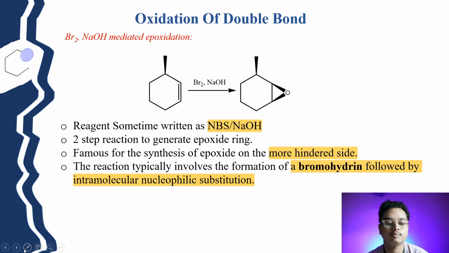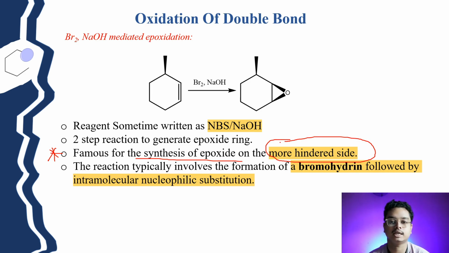The very important thing is that this reaction is famous for the synthesis of epoxide on the more hindered side. As I already discussed in the MCPBA based case, the epoxide is generated from the less hindered side. But in the case of Br2 NaOH, the epoxide is generated on the more hindered side.